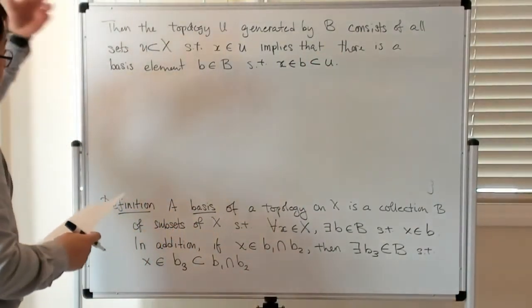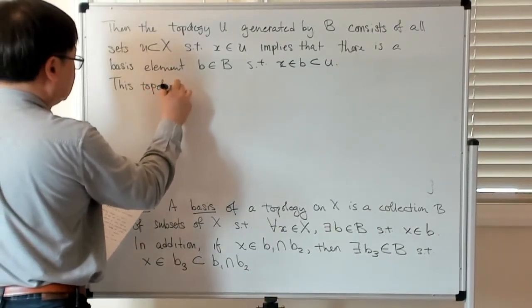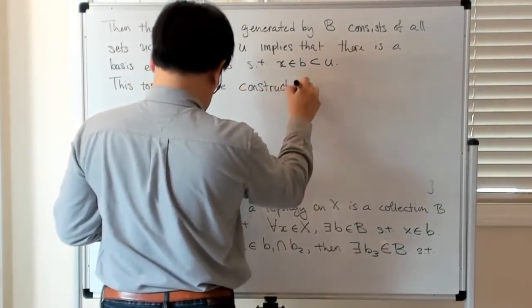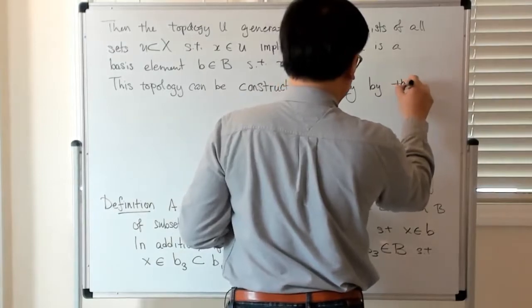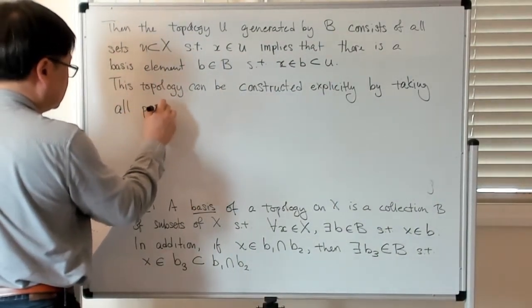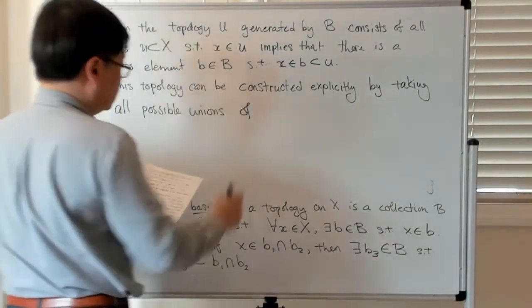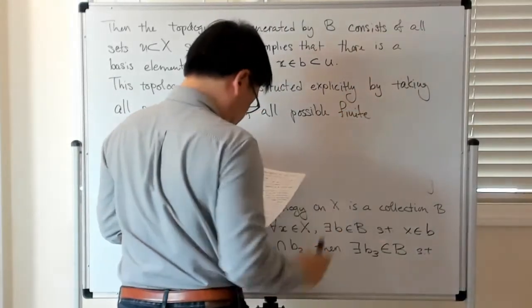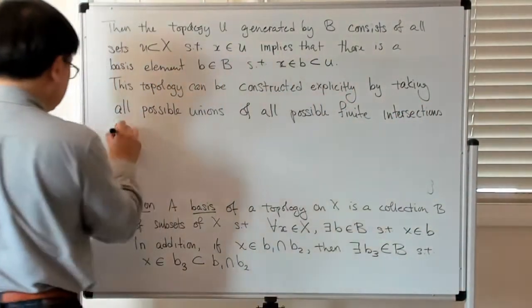Okay, so you can construct this topology more explicitly by taking all possible unions of all possible finite intersections of basis elements.